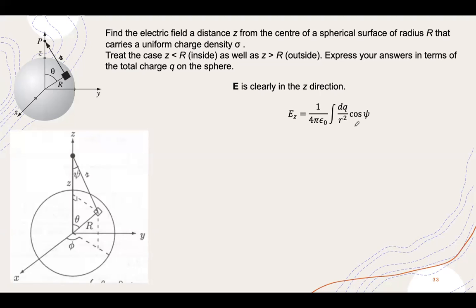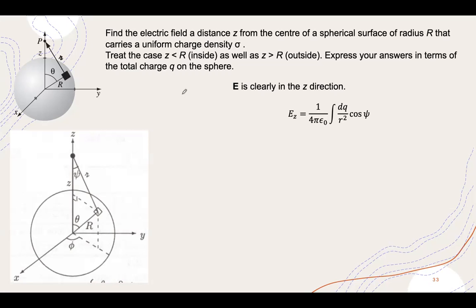Okay, because I had shown this expression in the previous slides. Now what are the quantities which are unknown? Because it clearly says that we have to express everything in terms of z, sigma, capital R, and at last the total charge q. So we have to find basically all those things in terms of the known quantities.